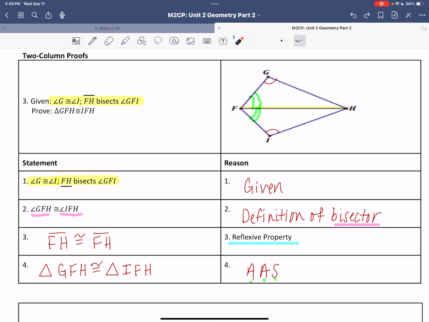And then finally, we're going to take all that information and we're going to say triangle GFH is congruent to triangle IFH because of angle, angle, side. So again, angle, angle, side. And that's what will prove those are congruent.